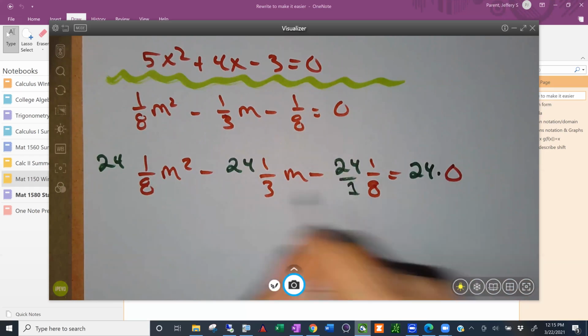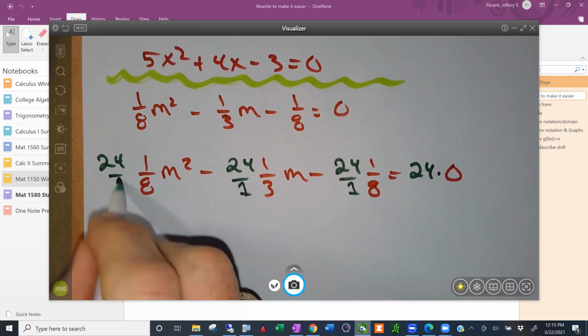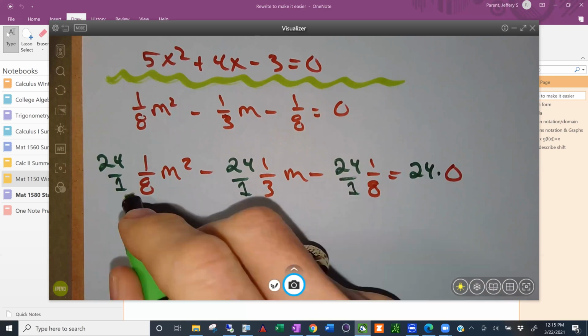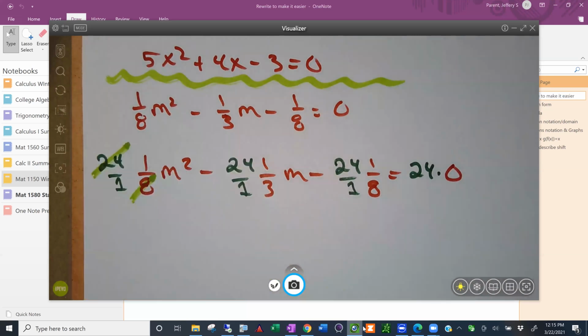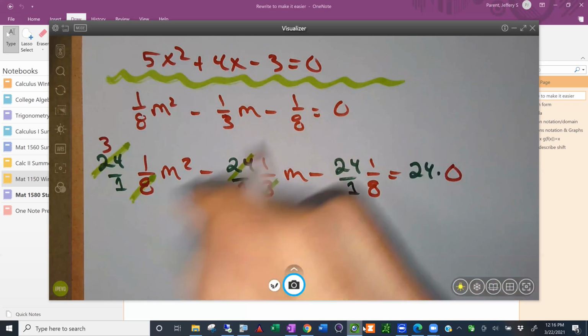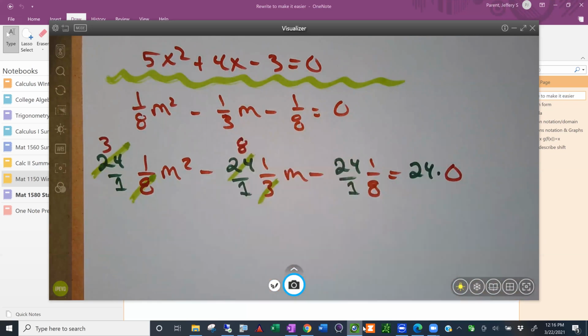But over here, just for convenience and to maybe help you keep things straight, let's write it as 24 over 1. The only reason I do that is to encourage you to do the cancellation here. 8 goes into 24 3 times. 3 goes into 24 8 times. And then over here again.